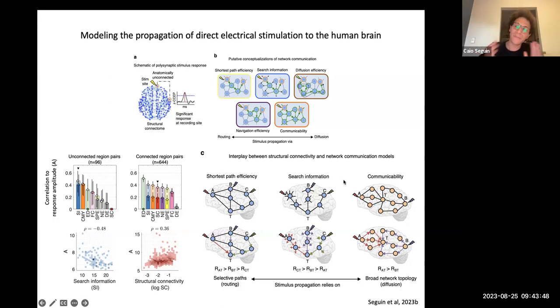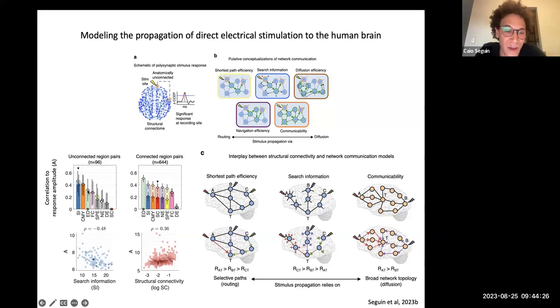But A has many different efficient ways to go to T, whereas B has very inefficient ways to go to T. So communicability is trying to measure, as a whole, whether there are alternative efficient routes between A and T. So the idea is that if communicability is a better model of what's happening, we would expect a stronger response from stimulating A than stimulating B, even though they are the same shortest path away from the target.